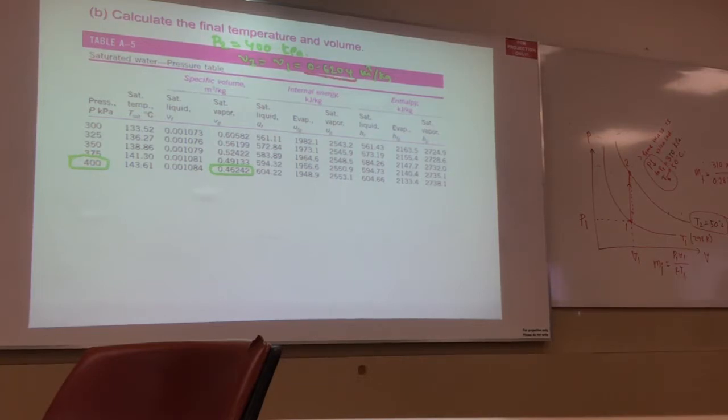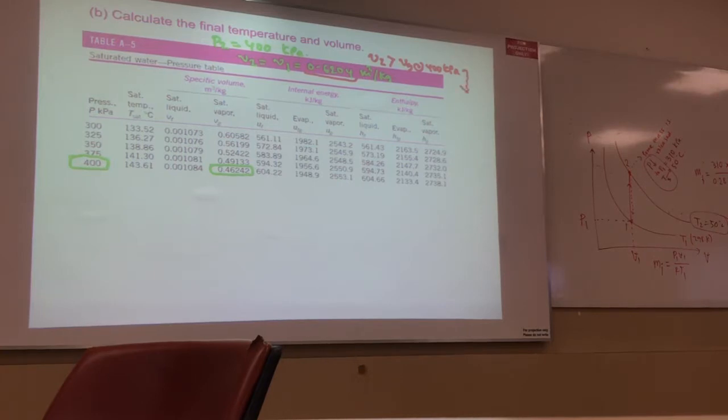So which one is higher? V2 is higher, right? So V2 is higher than Vg at 400 kilopascal. So what is the nature of the state? Superheated. Very good.